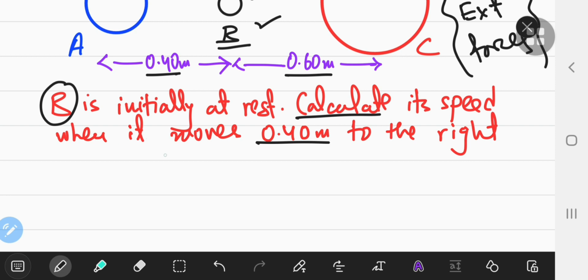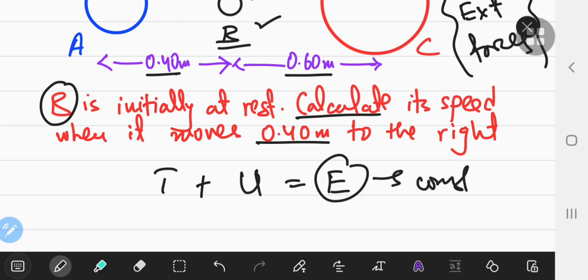Now, the thing with an isolated system is that if you take the total kinetic energy, that is the kinetic energy of all the particles or objects in the system, and add to it the total potential energy, that is the energy due to the interactions of the objects with each other, then this sum is going to be equal to the total mechanical energy of the system, which is a constant in the case of an isolated system.